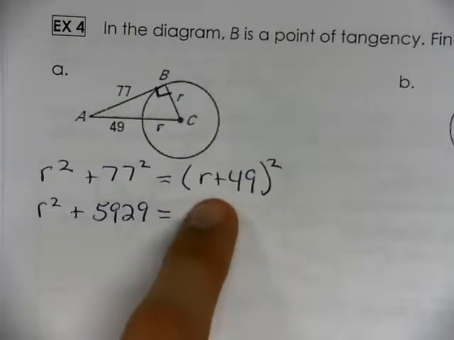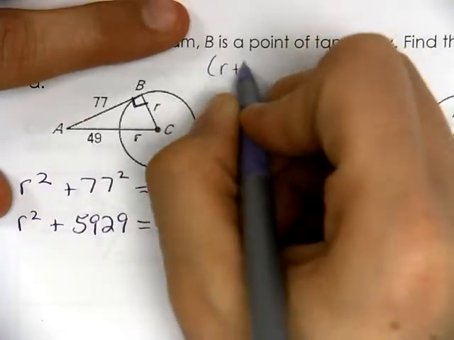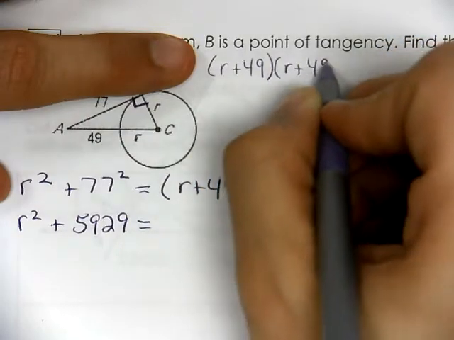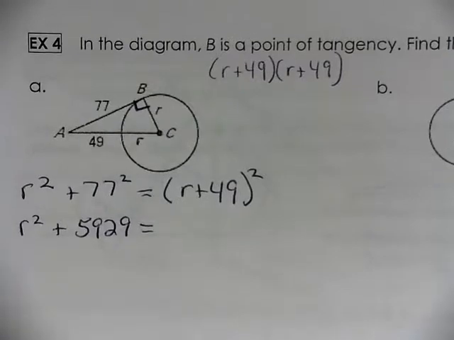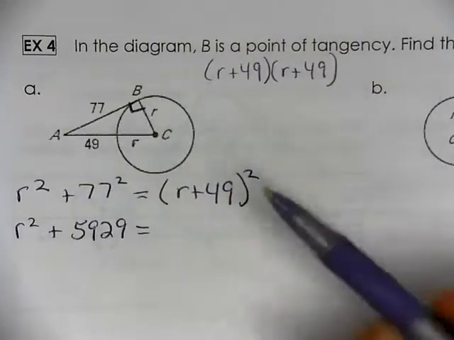You've got to FOIL. You remember foiling? Algebra 1? R plus 49 squared is R plus 49 times R plus 49. You can't just square both things and call it a day. That's where everybody screws up. We're going to have to FOIL this.